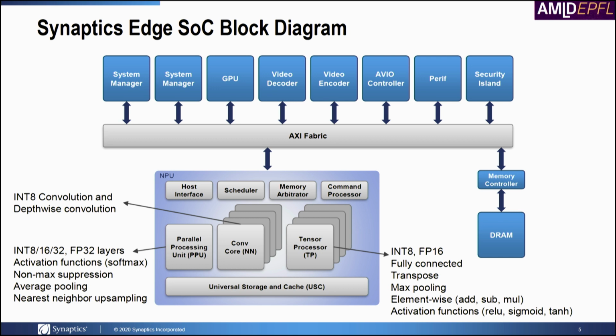And last but not least, the NN core, the convolution core. Our design enables us, depending on the power that we want, to have one or more NN cores and one or more TP cores. The main thing about the NN core is that it can only execute 8-bit convolution, so integer 8-bit convolution.